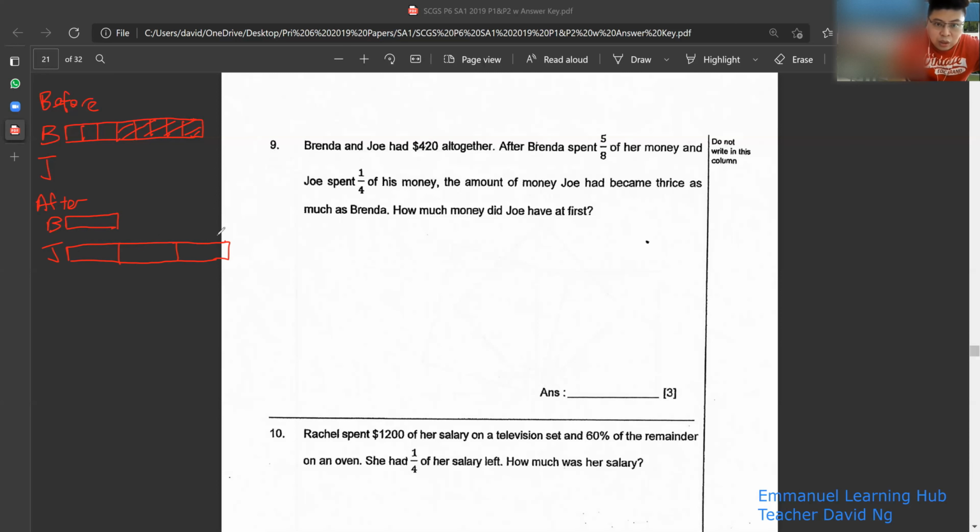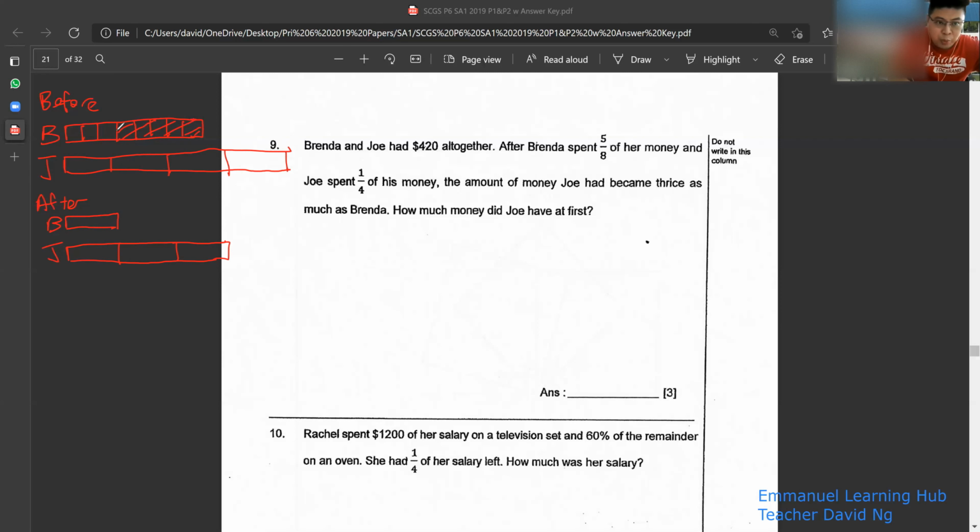And this is 3/4 of his money. So if that is 3/4, this is his original money. Then you divide by 4. So that means I work out the length of Joe from here.